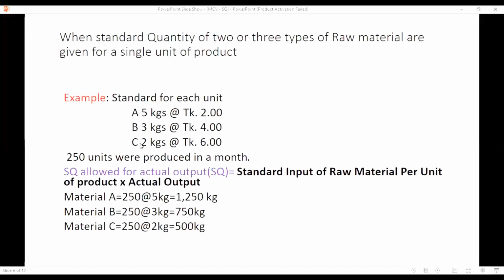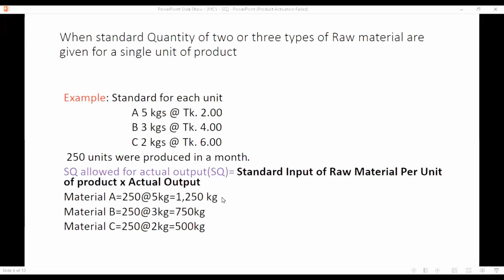Here is a mix of raw materials A, B, and C. We calculate separately: material A at the rate of 5 kg, B at the rate of 3 kg, C at the rate of 2 kg. So standard input of raw material per unit of product into actual output equals standard quantity allowed for actual output.